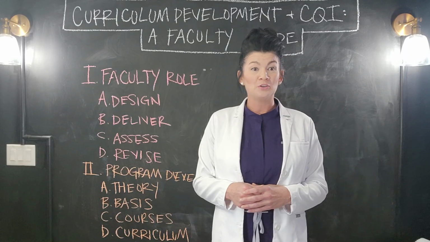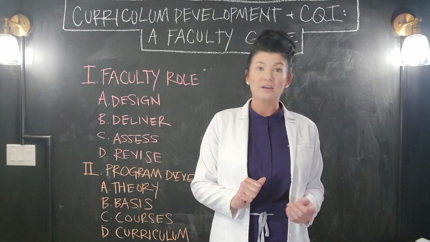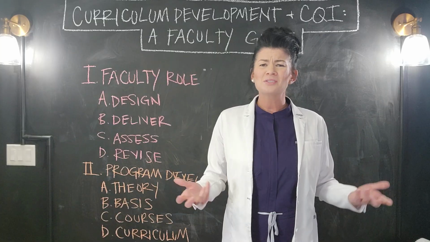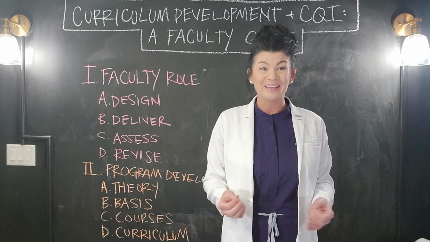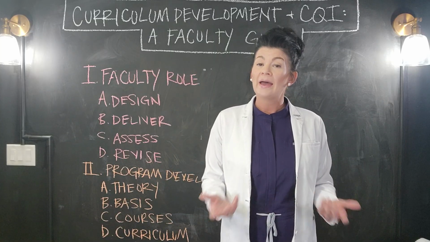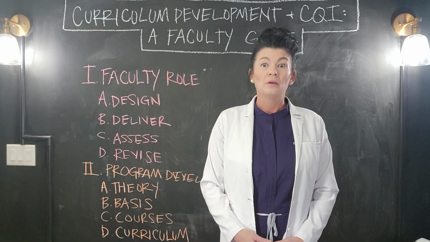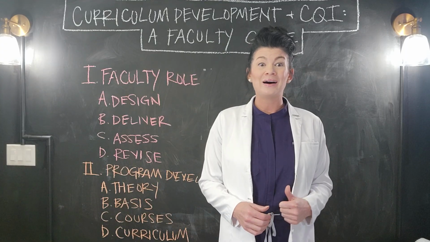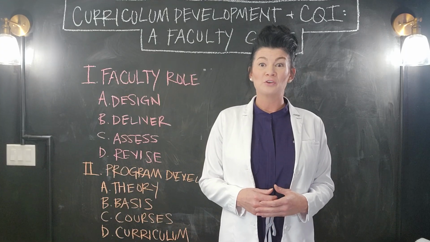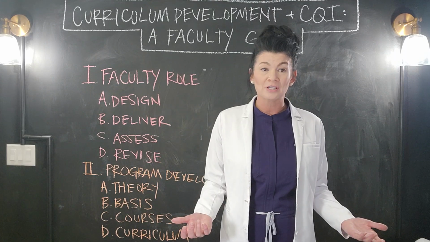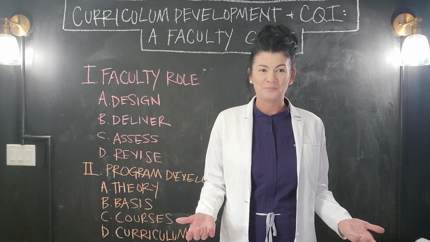So, what do we use as the basis of the program? The basis of the program is a triangulation of mandatory external requirements, like regulatory bodies, our state board of nursing requirements for licensure. This is non-negotiable.